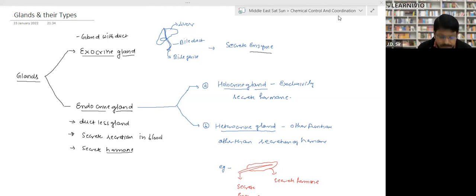Continue in the same point. Their secretion is directly released into blood and it is called hormone.